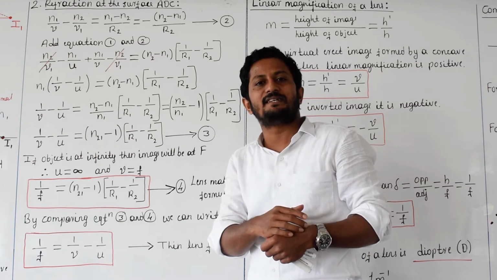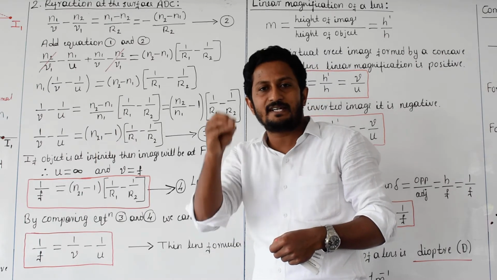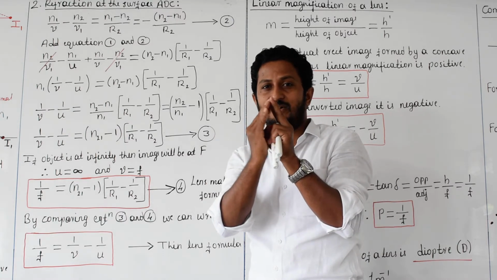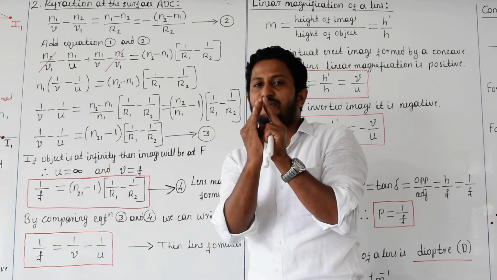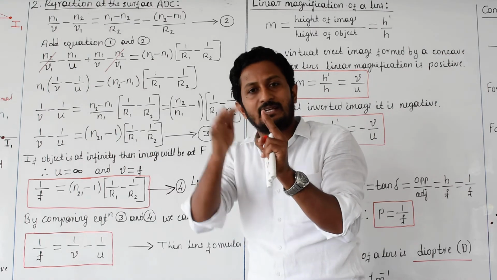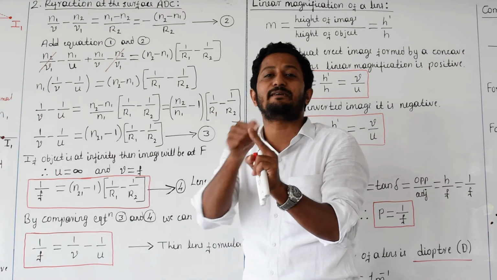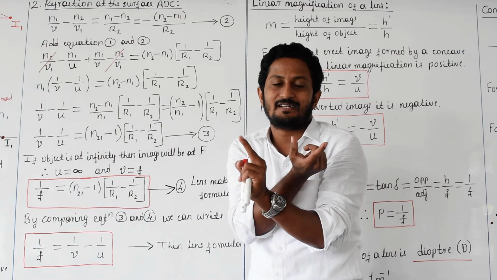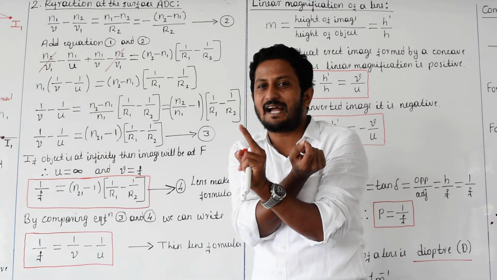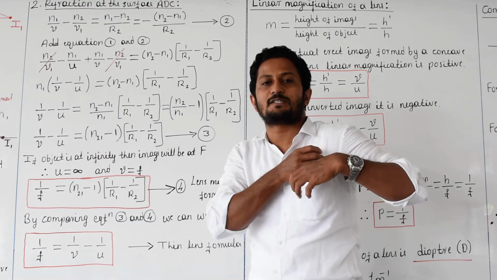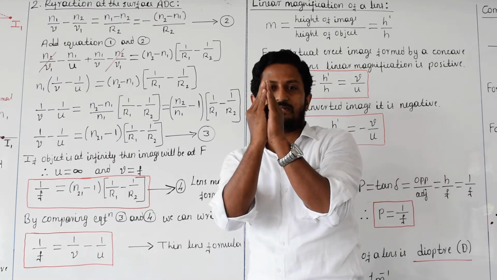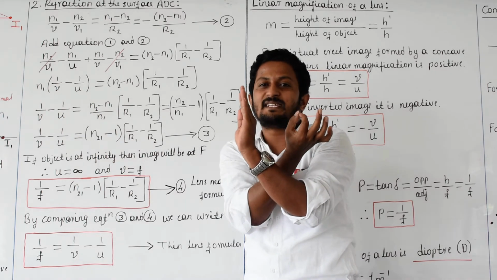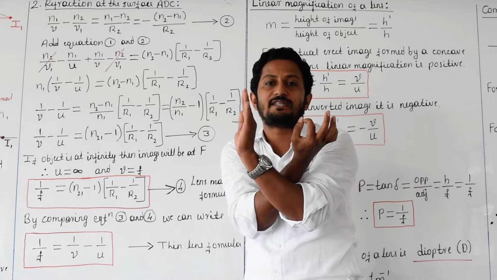In the previous class we discussed that when an object is placed at infinite distance in front of a biconvex lens, it produces the image at the principal focus point. This is a biconvex lens; the object is at infinity, then the image is at the principal focus.